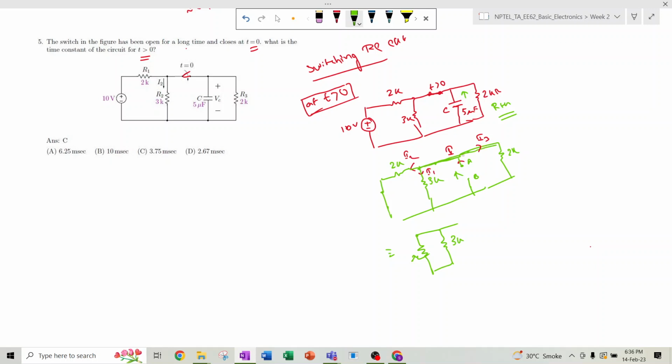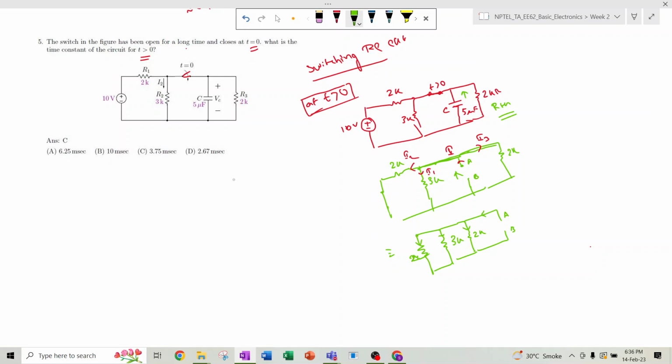It is the same voltage. Here is another 2k, and A and B. I'm simplifying this circuit so you can understand it easily, that if any current flows, it will flow in the three parts. So these three parts are in parallel to each other.